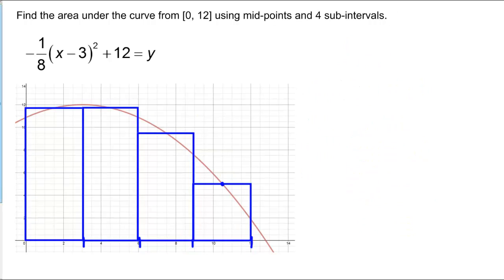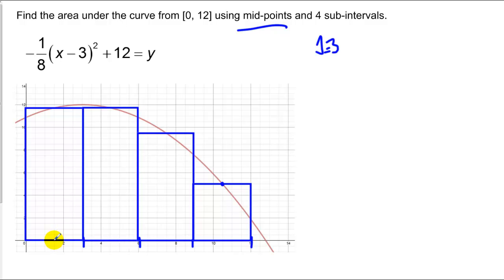Now we're going to find the area using the midpoint approximation with 4 subintervals of delta x equaling 3. So here once again are my intervals of 3 being marked, but instead of going to the left or right of the interval, I go right to the middle.